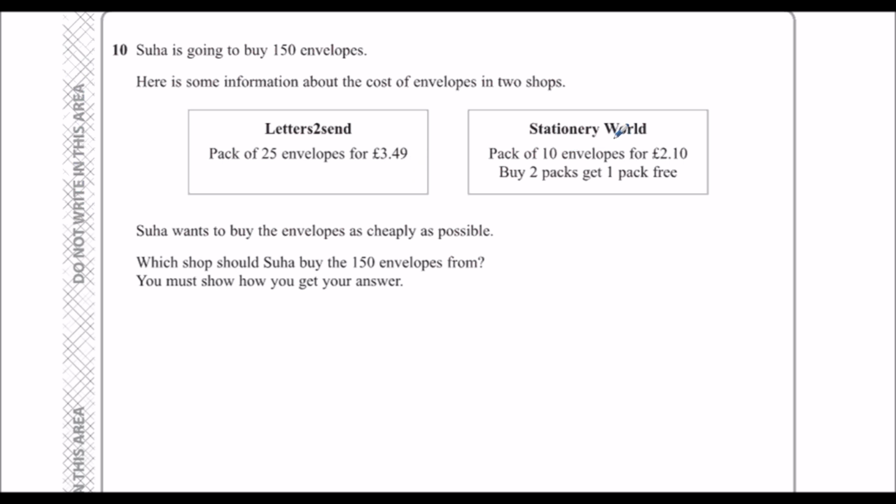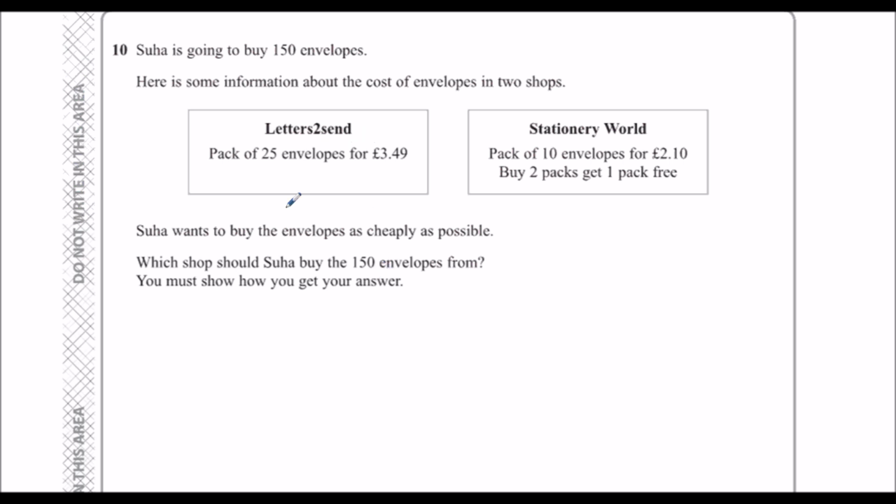And Stationery World, a pack of 10 envelopes is £2.10, and you buy 2 packs and get 1 for free. Okay, so we're going to buy the envelopes as cheaply as possible. Which shop should Sue buy the 150 envelopes from?